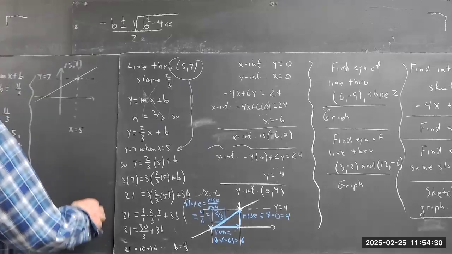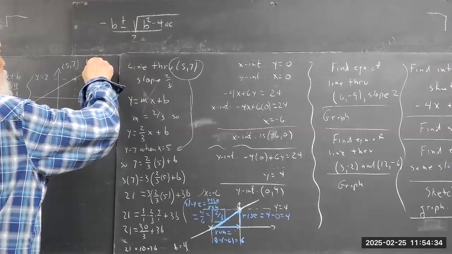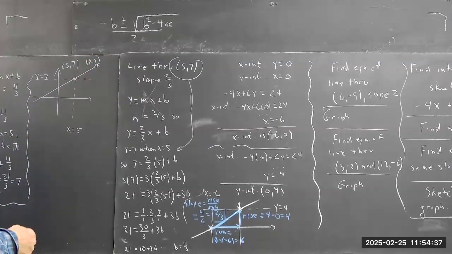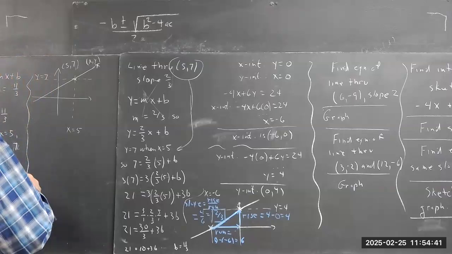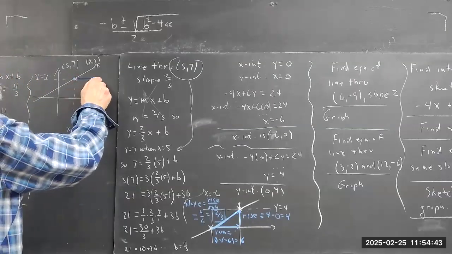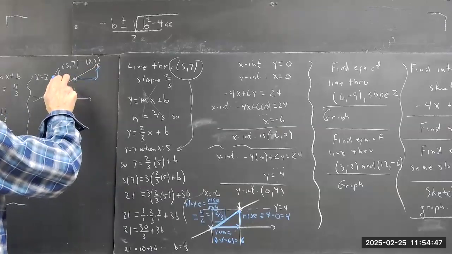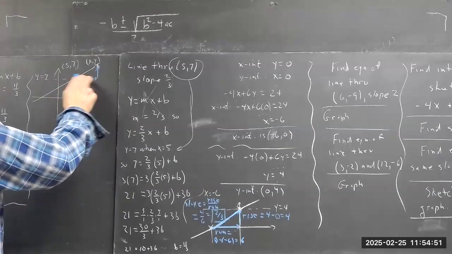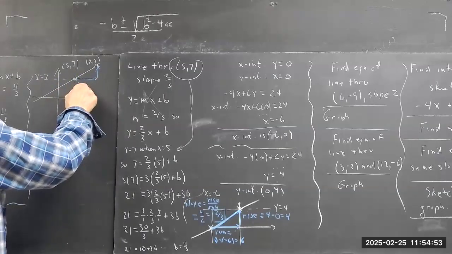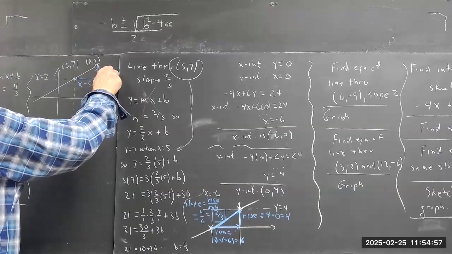Now, if (x, y) is a point on the line, then if you draw a path from this point to (x, y), how far does it go here? Well, this distance would be x minus 5. This distance would be y minus 7.